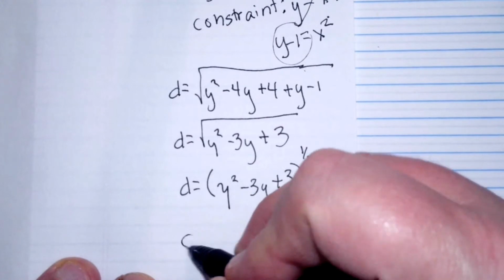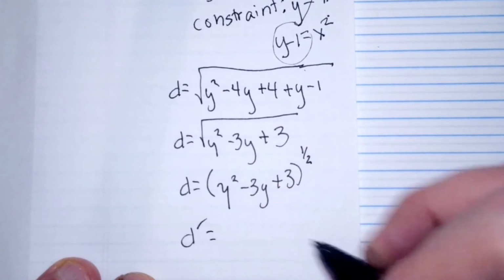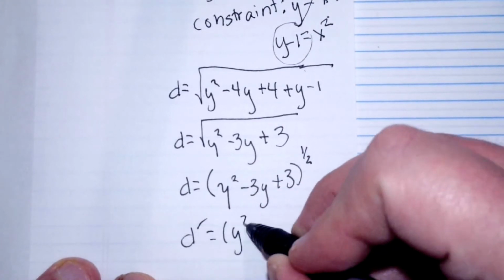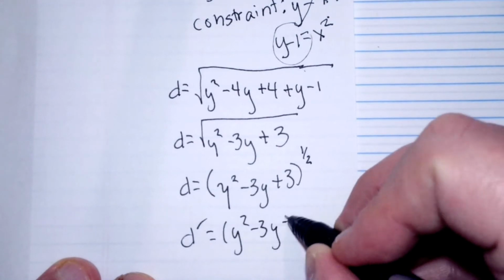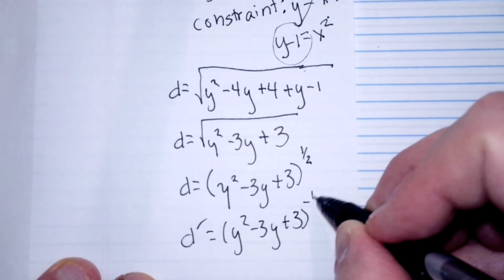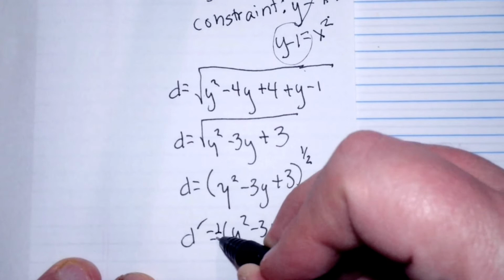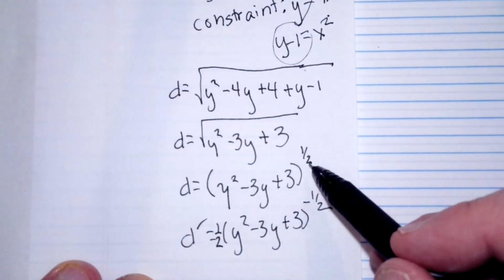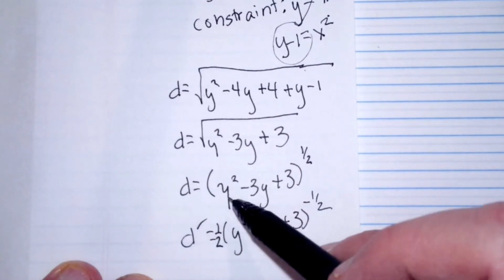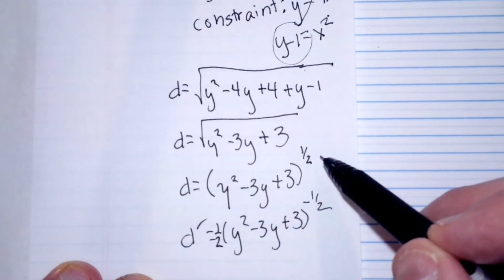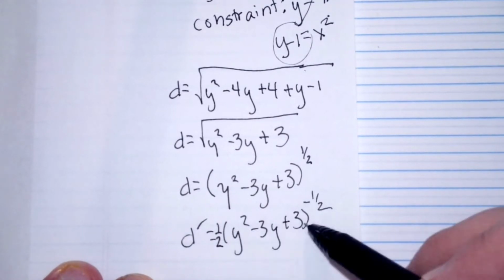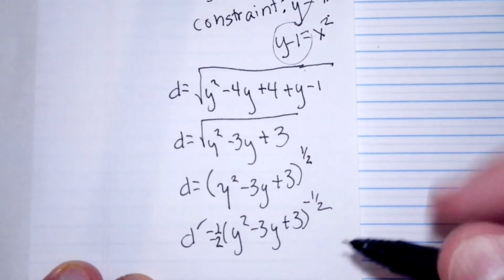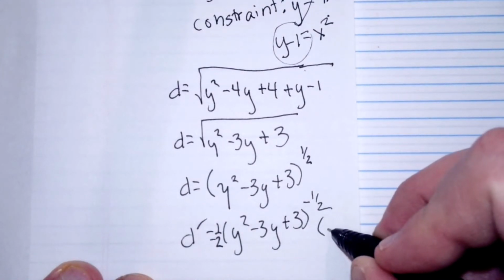So d prime is going to be 1/2 times (y squared minus 3y plus 3) to the negative 1/2. I left the 1/2 off the beginning. So we took the derivative of the outside function, 1/2 times (y squared minus 3y plus 3) to the negative 1/2. Now we need to multiply by the derivative of the inside function, and that would be 2y minus 3.